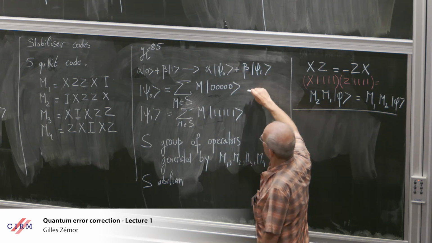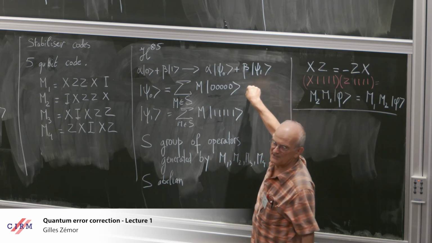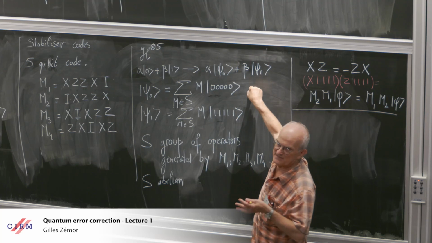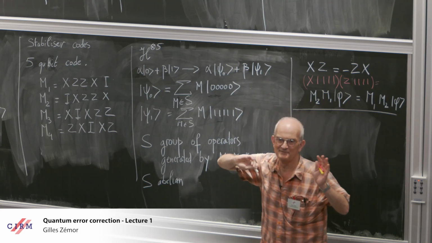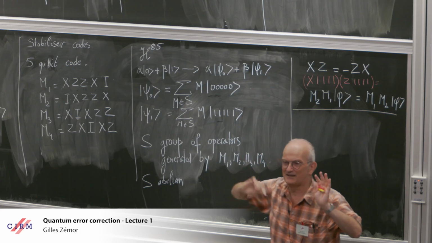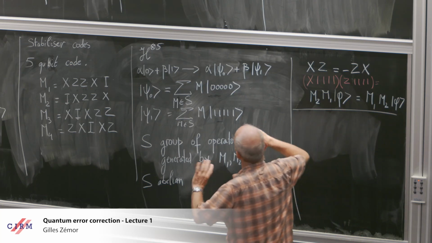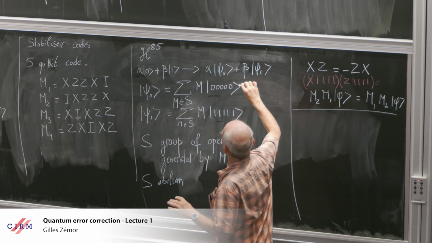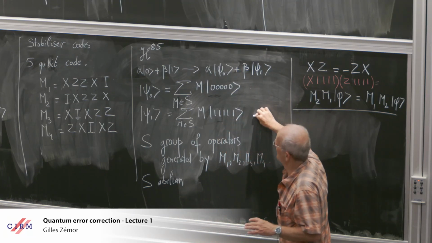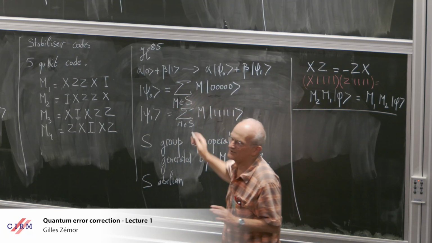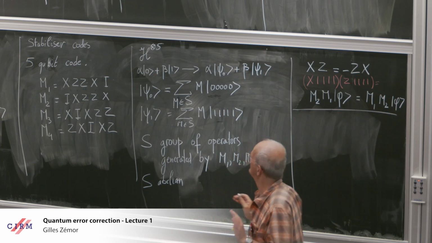So this state may look pretty complicated if you write it out explicitly. It will be a mess of plus and minus ones between the even weight computational states, but here it will only involve odd weight, so we get that psi 0 is orthogonal to psi 1.